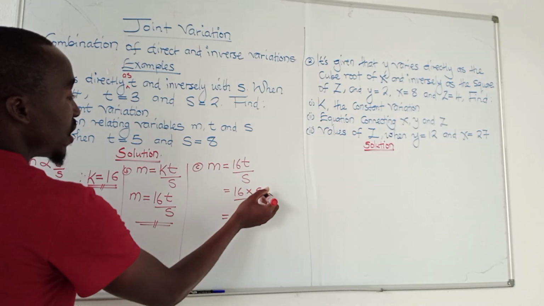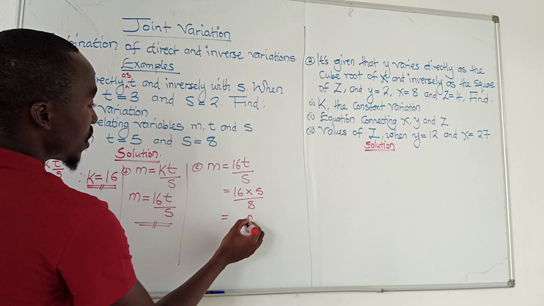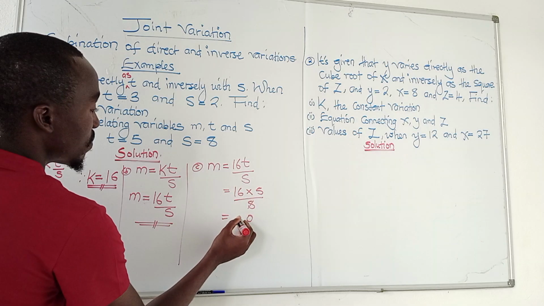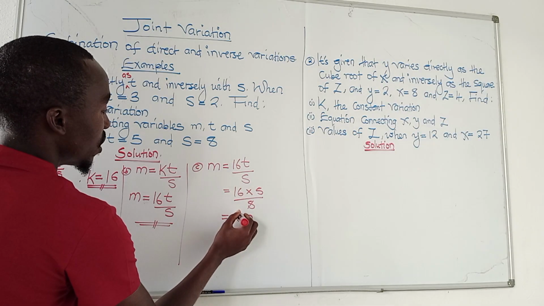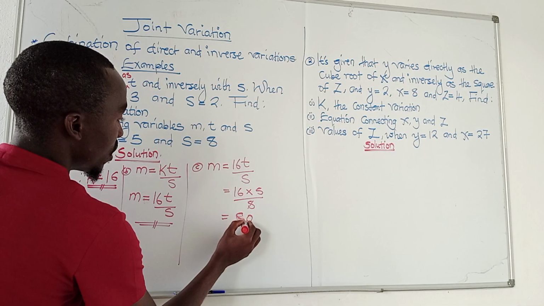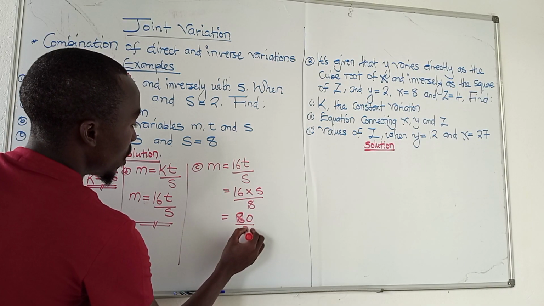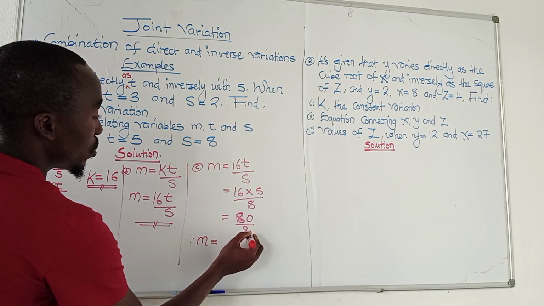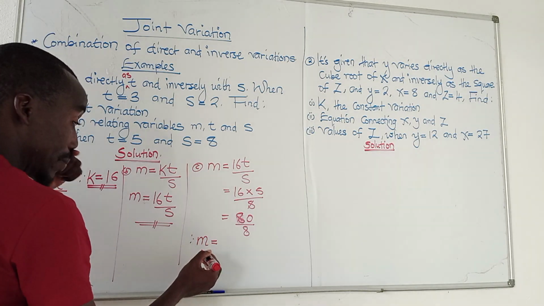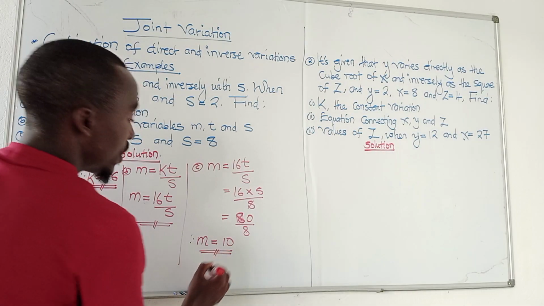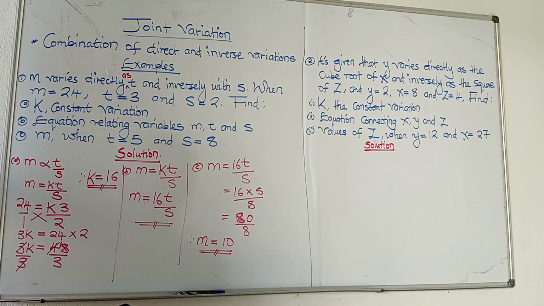What is 16 times 5? 6 times 5 is 30, so it's 0, carry 3. 1 times 5 is 5, plus 3, that will give us 80. So it will give us 80 over 8. Therefore, the value of M is equal to 10. Just like that, you have solved question 1.